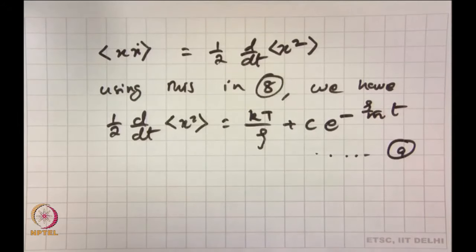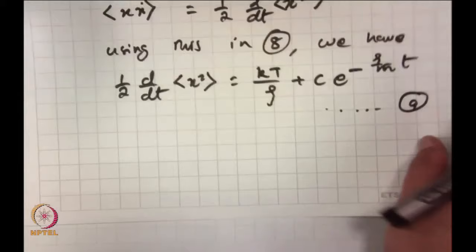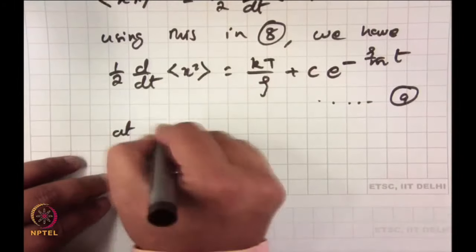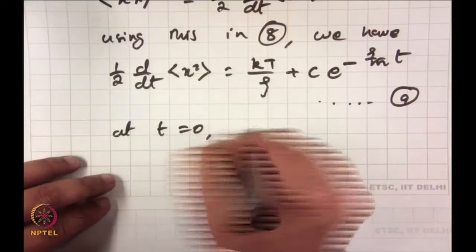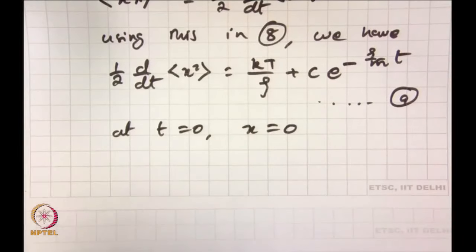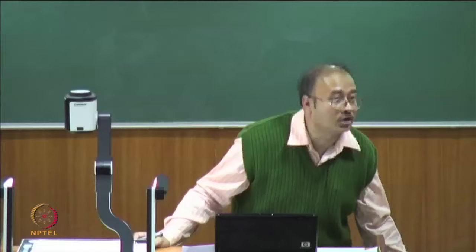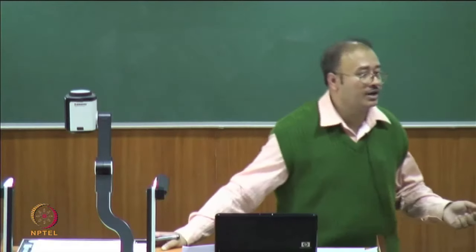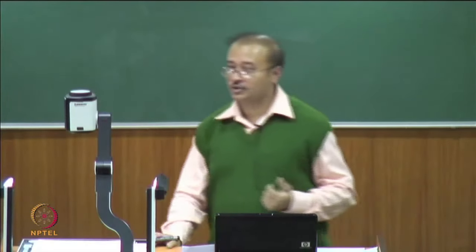Now, what I do is I try to solve for c. So, the condition I take is at t equal to 0, x is equal to 0. I can take any value of x, it does not matter, I can take x is equal to x naught, any constant. What I am saying is that when my time is 0, the displacement of the particle is 0. Okay.